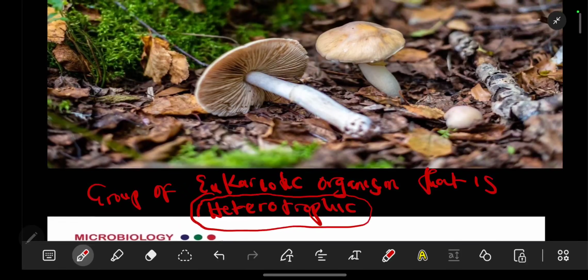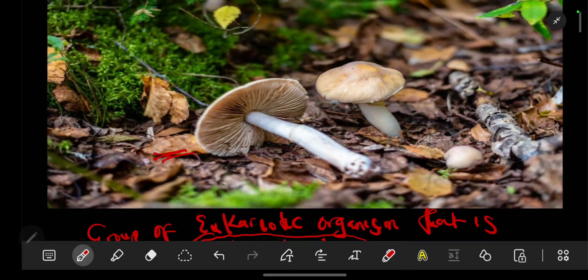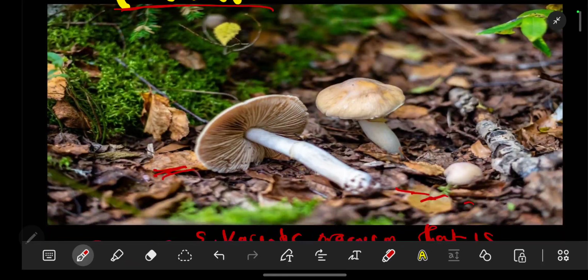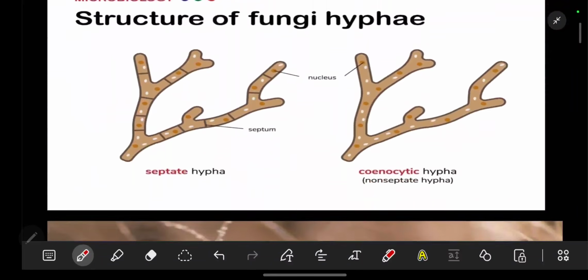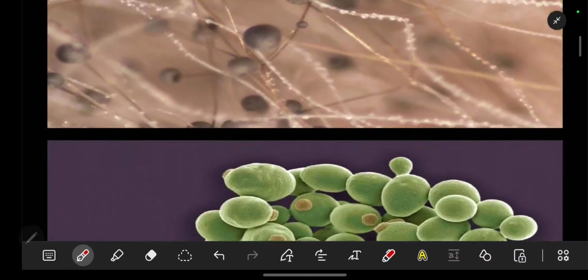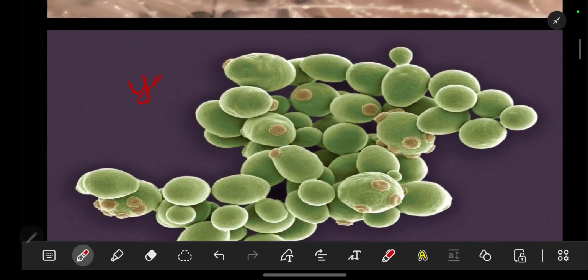So that's how come you will see that fungi is mostly found in very dirty environments, like damp environments. That's where they will be obtaining their food. So this is fungi, this is yeast, which is also a fungi.